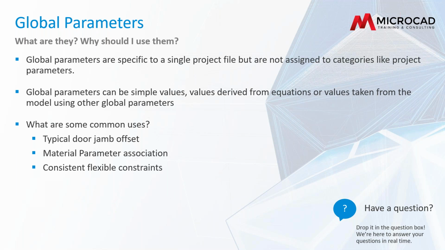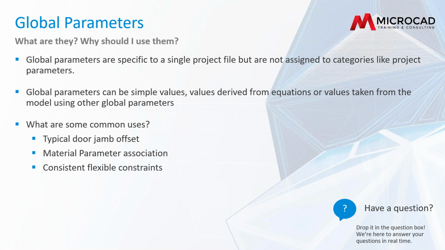So also global parameters. What are they and possibly why should you even use them? I believe global parameters were introduced in Revit 2018, maybe 19. So they've been around for a few years, but we're not sure how much traction they're actually gaining. They are specific to a single project file, so just keep that in mind.